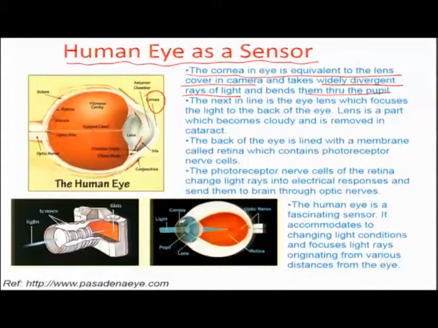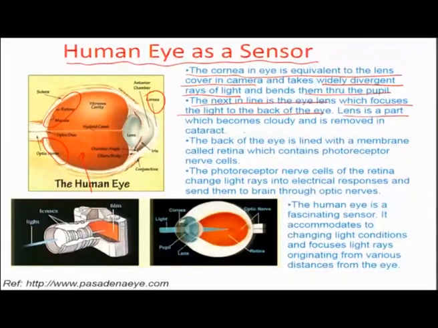Okay, so this is the inner cavity of the eye, and the retina is somewhere at the back, the lining here, which has thousands of opsin proteins which change their nature and form in order to sense. The next in line is the eye lens, which focuses the light to the back of the eye.